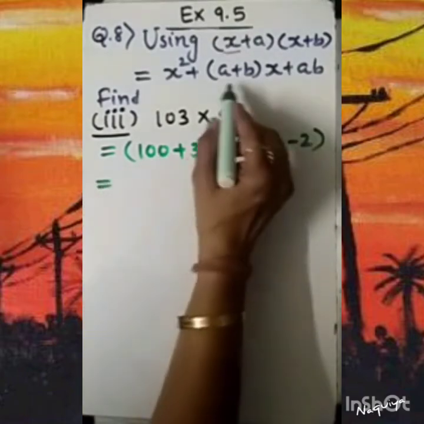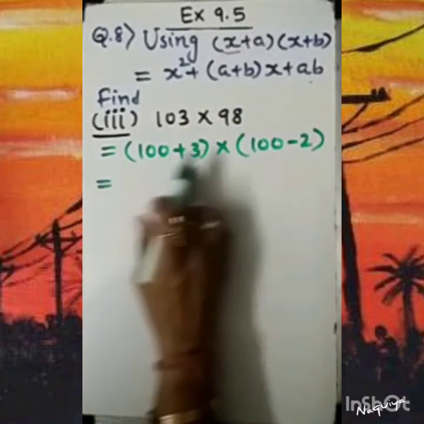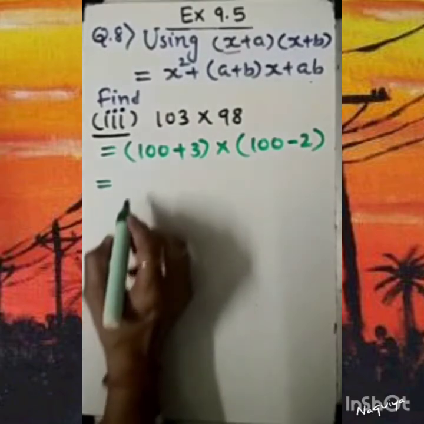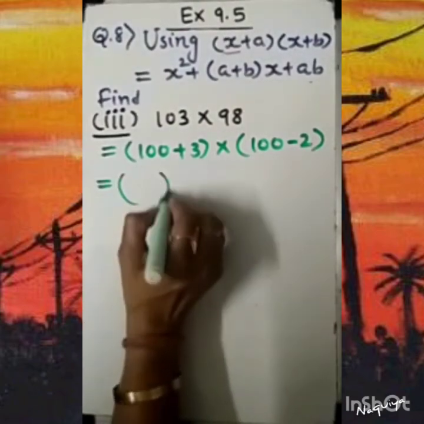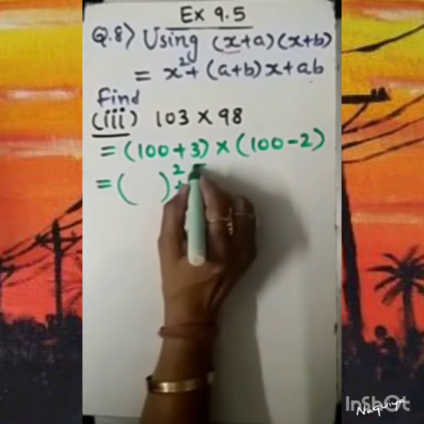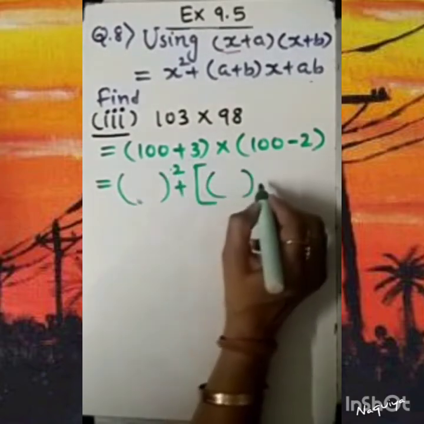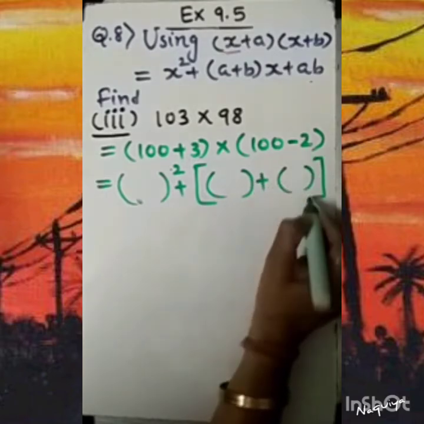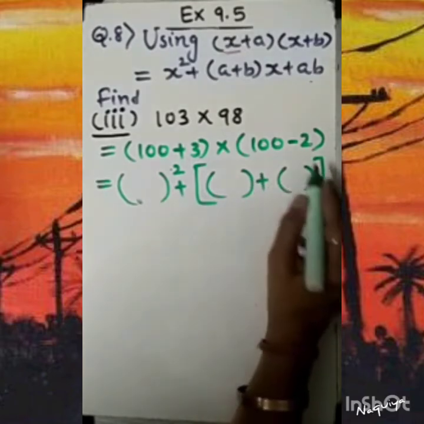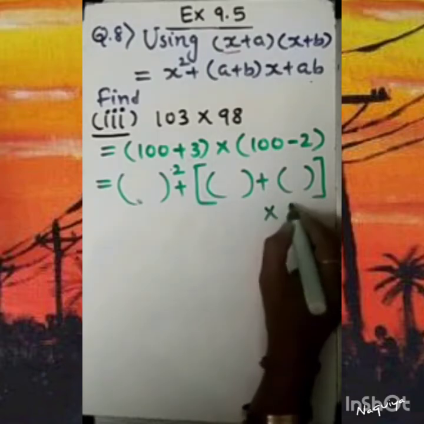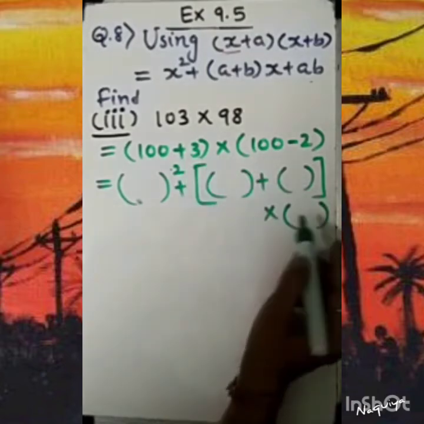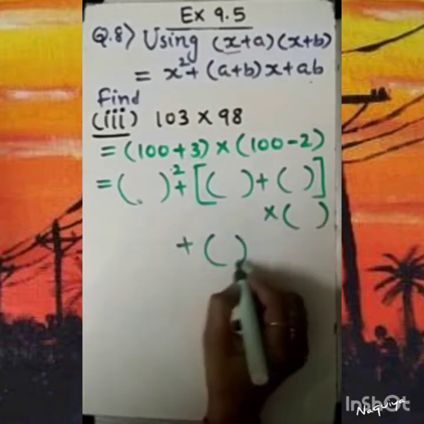So let's apply the identity. As we can compare, here we need to apply the useful identity, that is (x plus a) into (x plus b) equals x square plus (a plus b) x plus a into b.